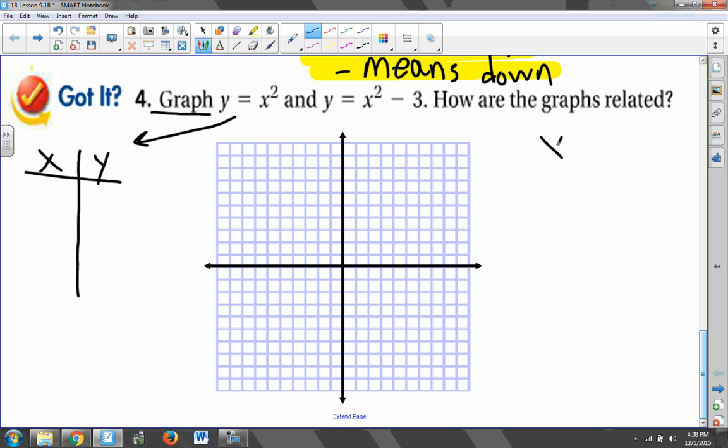Make a table of values, x and y, for this equation. And graph those on that grid there, and then tell me how they are related. Pause the video, try that, take a few minutes, and come back, and I will show you what that should look like.